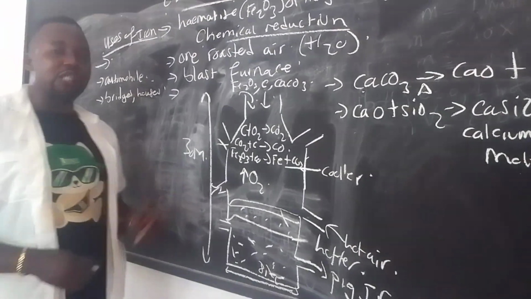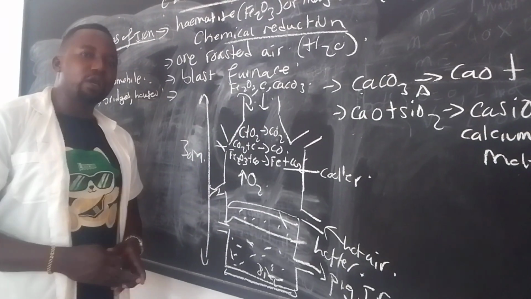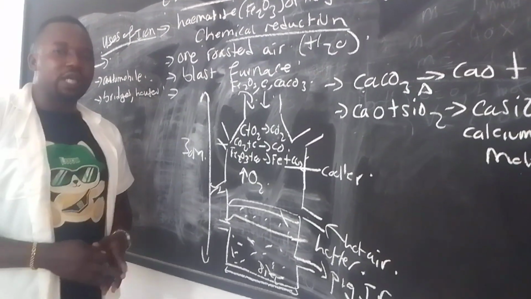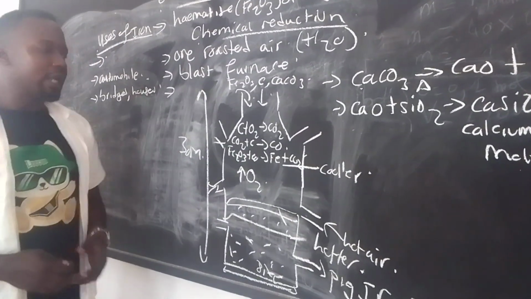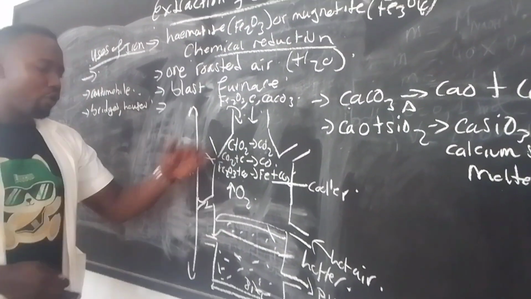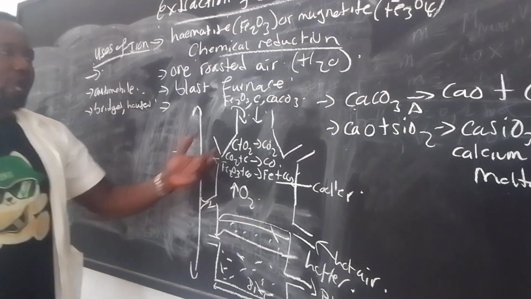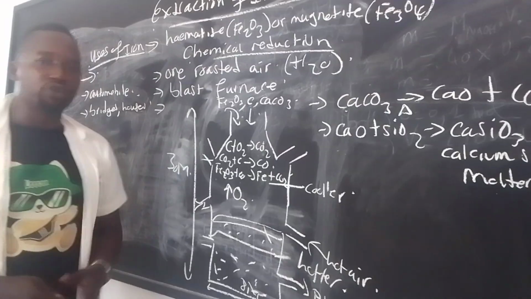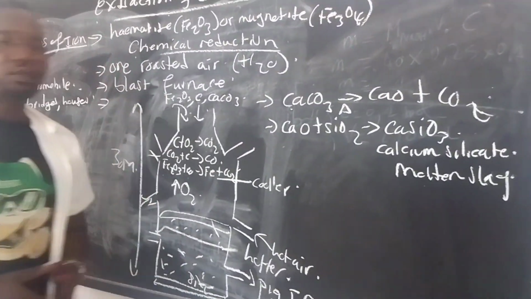Coke, which acts both as a fuel and a reducing agent, reacts with oxygen to form carbon dioxide. Carbon dioxide reacts with more of the falling coke to form carbon monoxide. The carbon monoxide reduces the iron ore to iron, which moves and settles at the bottom of the furnace. Calcium carbonate moves to the bottom of the furnace, where it gains heat and decomposes to form calcium oxide and carbon dioxide.